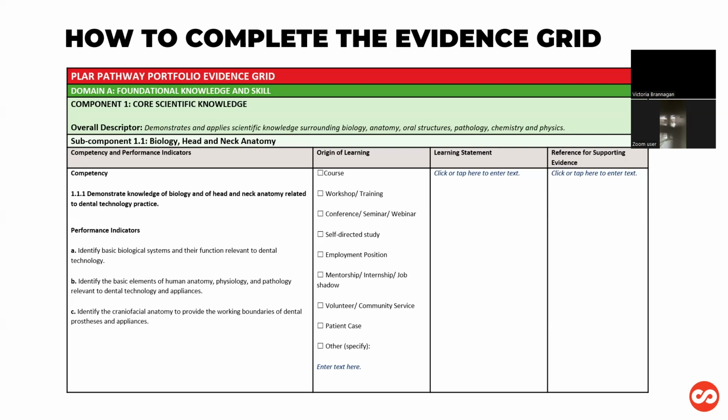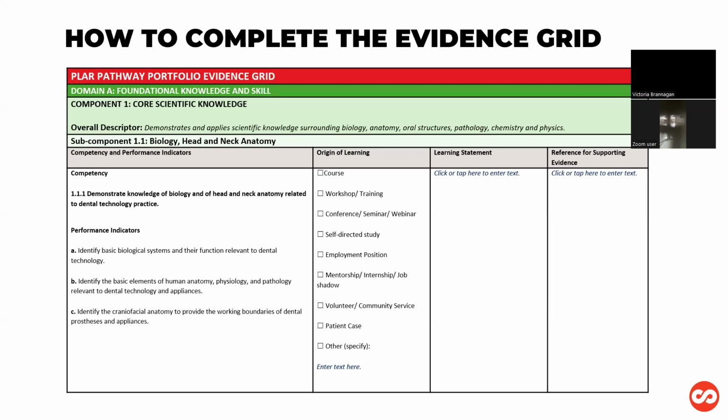The next column, labeled learning statement, is a short learning statement you'll write, which will link the origin of your learning, so in our example, the conference, with the evidence you are submitting. This will help the evaluator understand your evidence when they begin to review it.